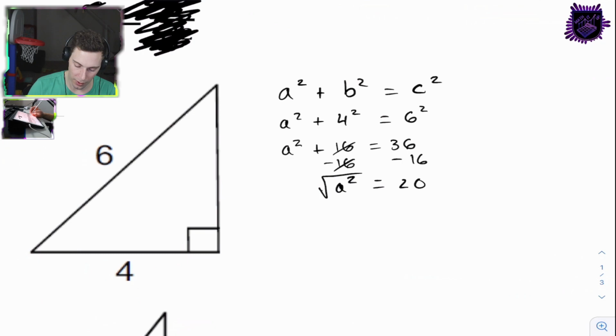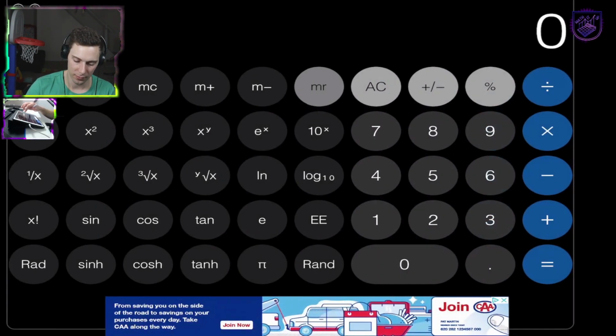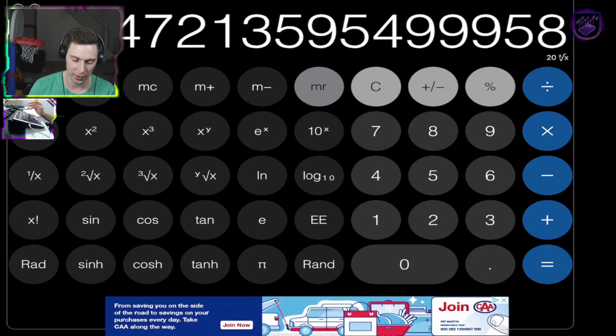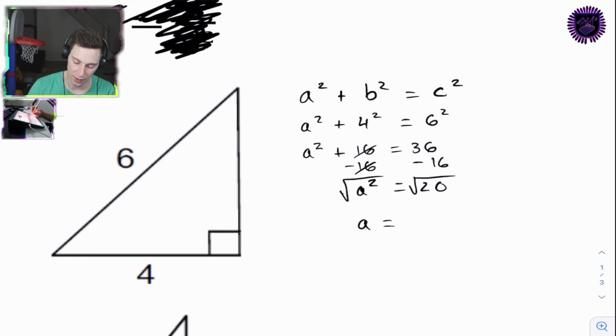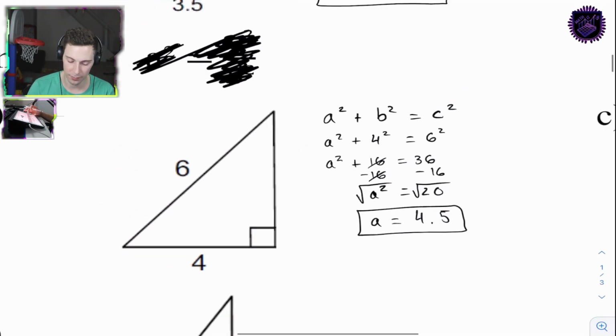Let's do a square root of 20 to get a is equal to the square root of 20. What is this? It's 4.5? The square root of 20 is 4.47. We'll round that up, 4.5. It's 4.47 something. A is equal to 4.5. Neat.